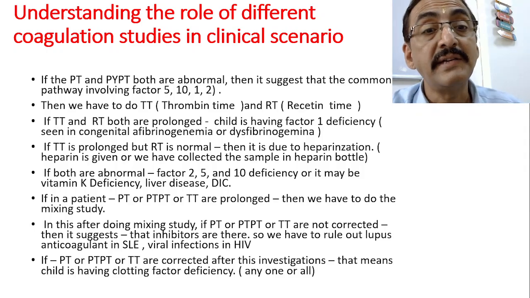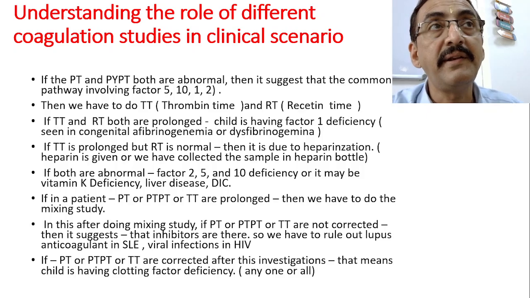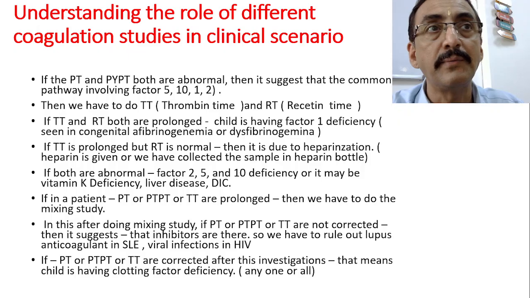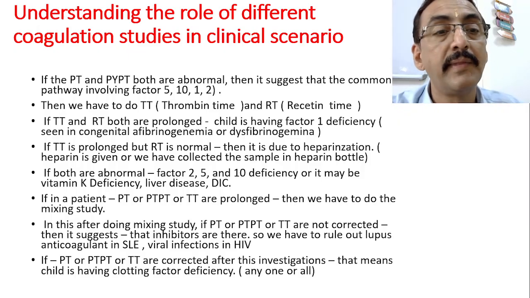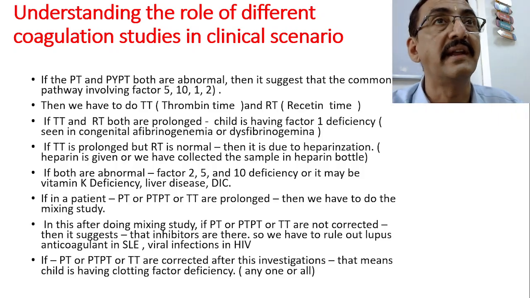Now if in a patient PT, extrinsic pathway, and APTT, intrinsic pathway, and thrombin time for the common pathway, all the three get prolonged, then we have to go for mixing study.